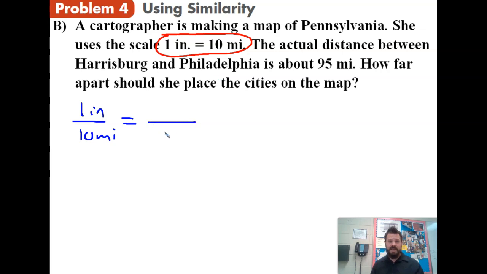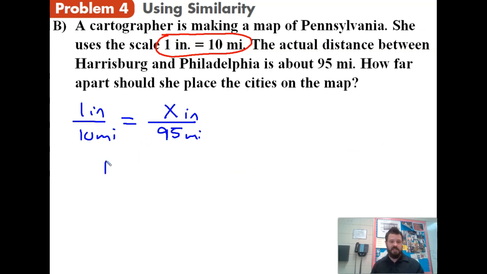So I'm going to put my 95 miles on the bottom, with the 10 miles corresponding with the real world. And this time my x is going to be on top. I'm looking for how many inches we have on the map. So that x will be different depending on whether we want to find the value in the model or in the real world. Once we have that set up, then cross multiply.